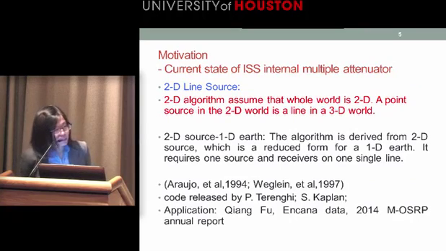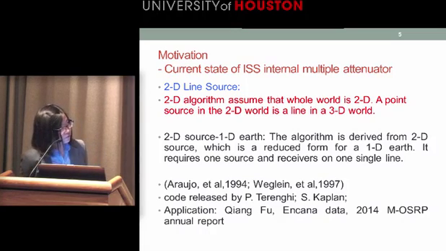Let me introduce a little bit about the current state of the 1D Earth ISS internal multiple attenuator. The algorithm is derived from the 2D source 2D ISS attenuator, which means we assume a 2D line source.